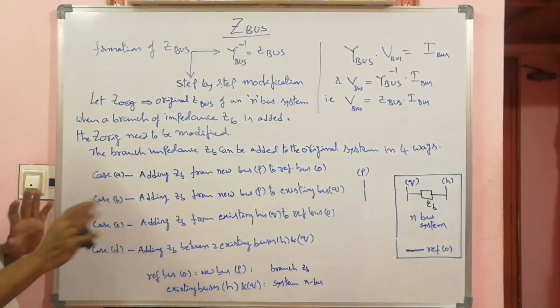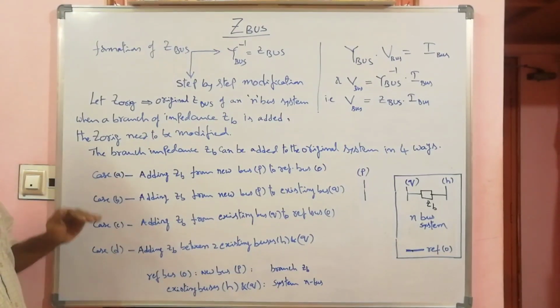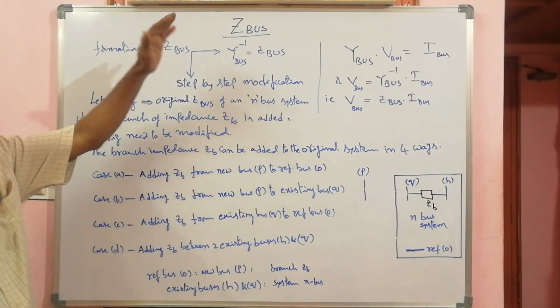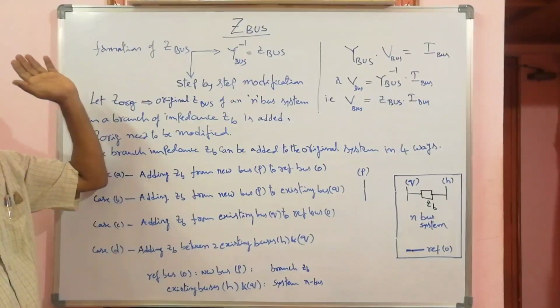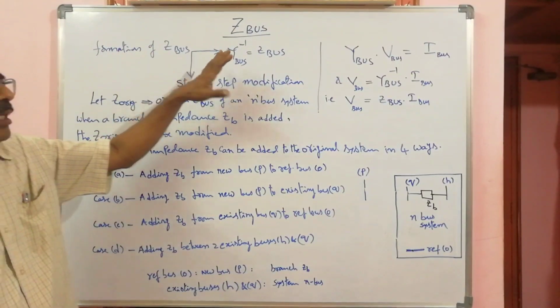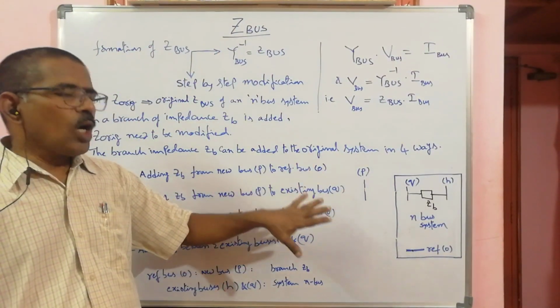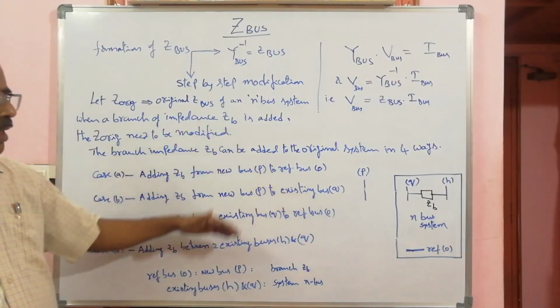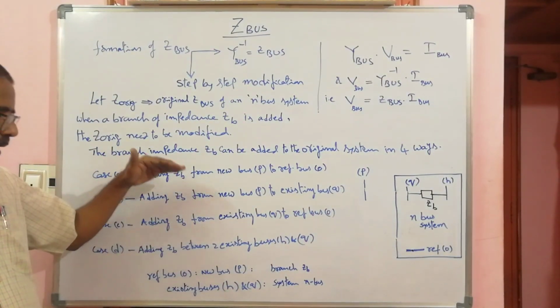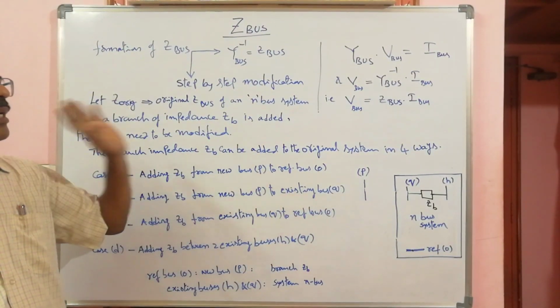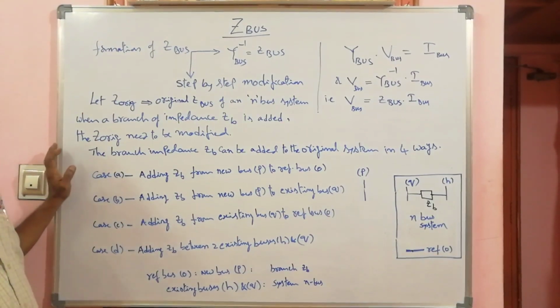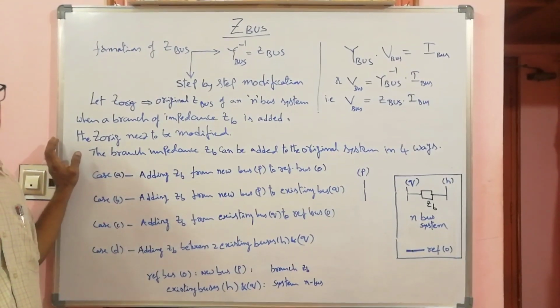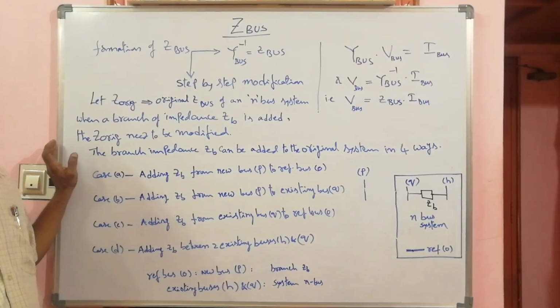I hope it is clear to all of you. It is not as easy as forming Y bus. But even though it is complicated, if you follow the procedure rigidly for each case, once you understand and practice, it is quite simple.